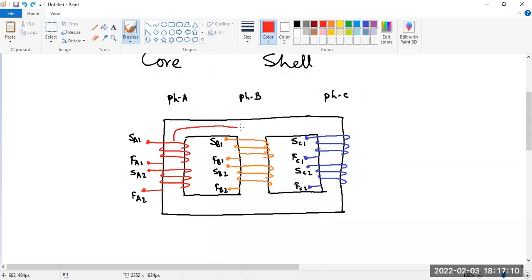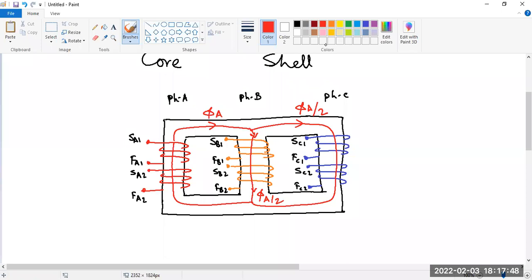So this is the flux path for phase A. This is the flux phi A, and it will be divided equally into half, phi A by 2. Here it will be phi A by 2. Understood? So that means for flux phi A, we have two paths, two loops.